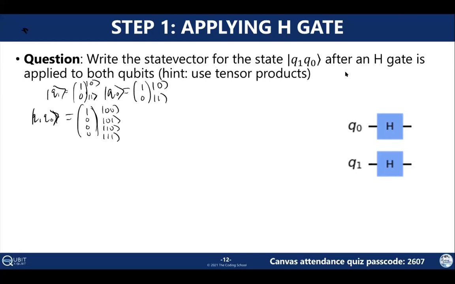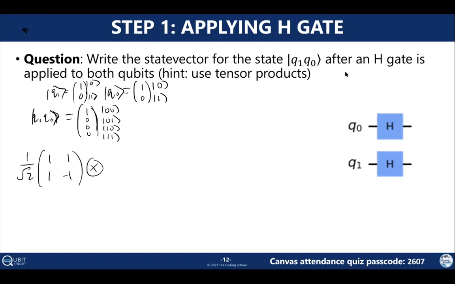I can start working through the math though. So our Hadamard gate is, there are no zeros in the Hadamard gate. I'm going to write these smaller also because I'm going to be a little tight on space. So it's going to be 1, 1, 1, minus 1, normalized by square root 2.